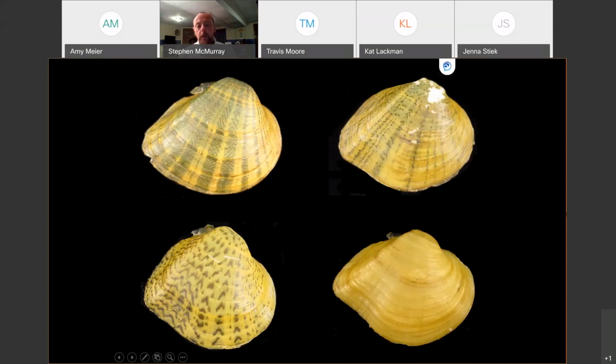So how many shells do you see here? How many species do you see here? 1, 2, 3, or 4? Okay, I see some answers coming in. There's actually 1 species here. Excuse me, fawn's foot, or sorry, deer toe.